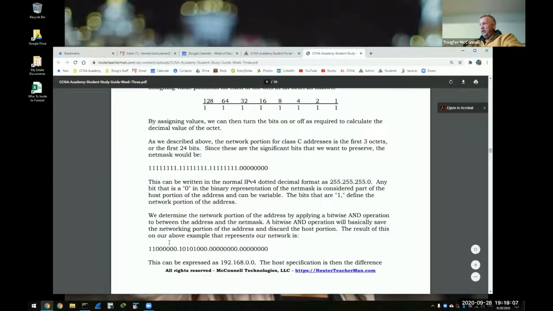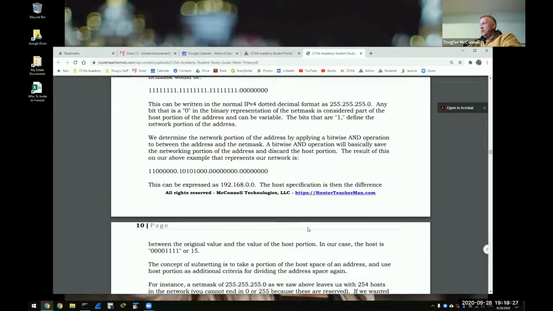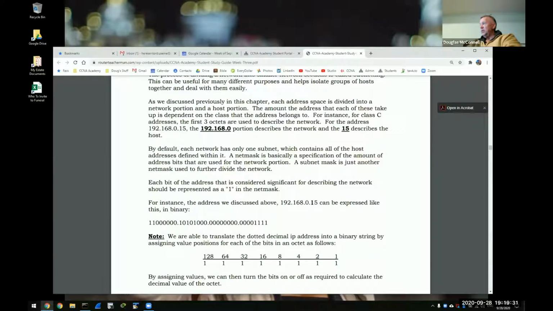So again, this is expressed as 192.168.0.0. The host specification is the difference between the original value and the value of the host. In this case, the host was .15.